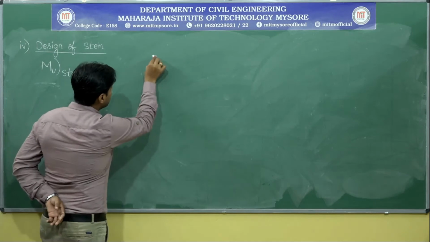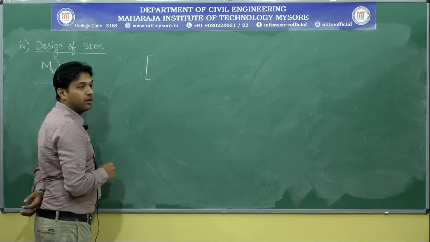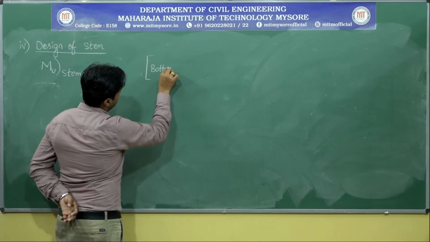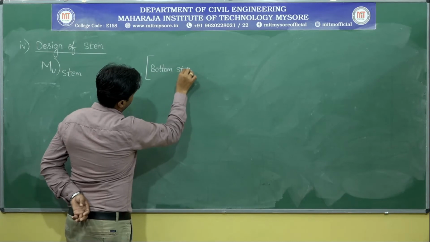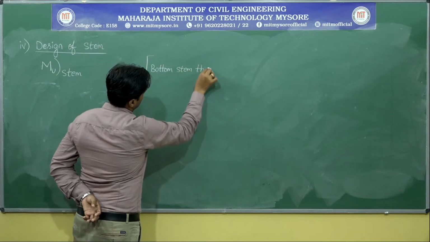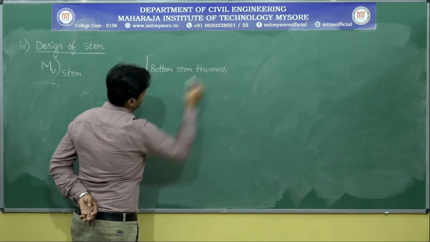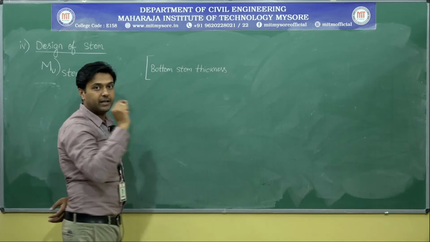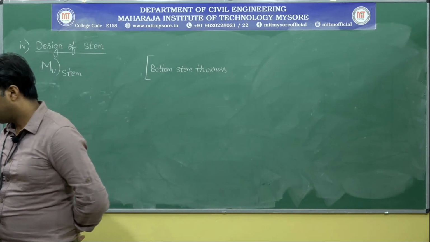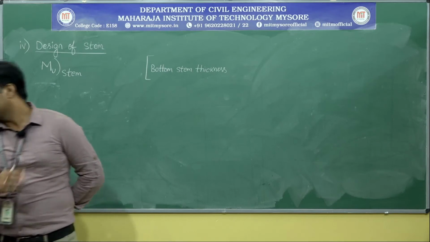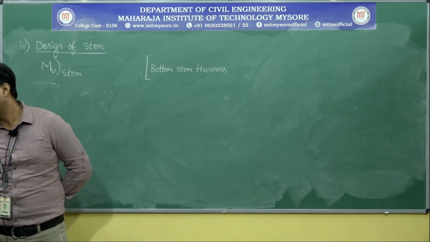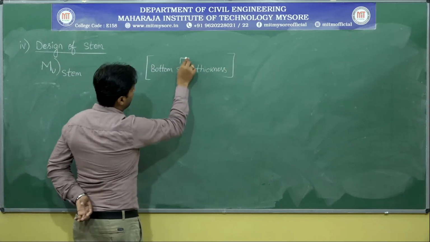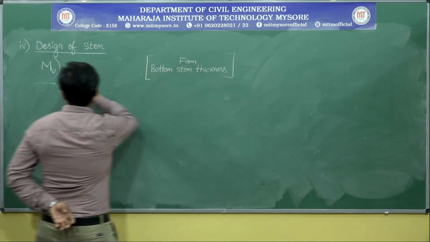While doing the dimensions of the retaining wall, that is the bottom stem thickness, we have calculated a moment. Remember, I have taken a section, X6 I think. That particular value we need to take. That is Mu of stem. From the bottom stem thickness, we have calculated the value of Mu stem.